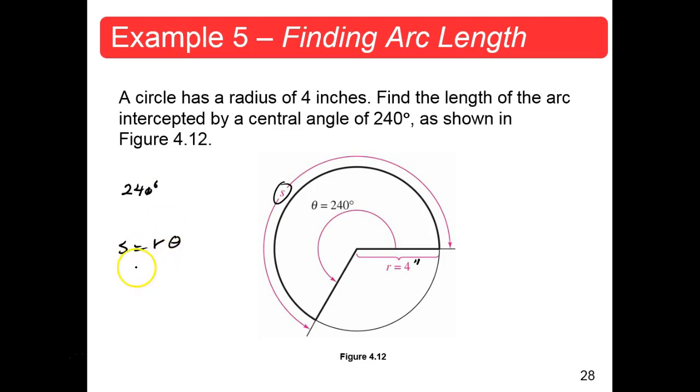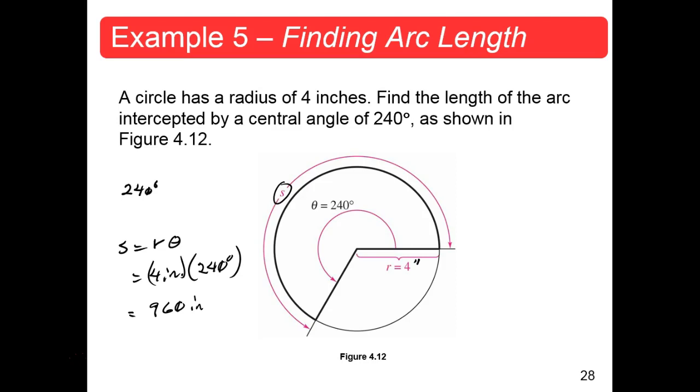Yes. Okay. So this would be 4 inches times 240 degrees. That would be 960 inches. If this is 4 inches here, that would be about 4, 8, probably get 960.